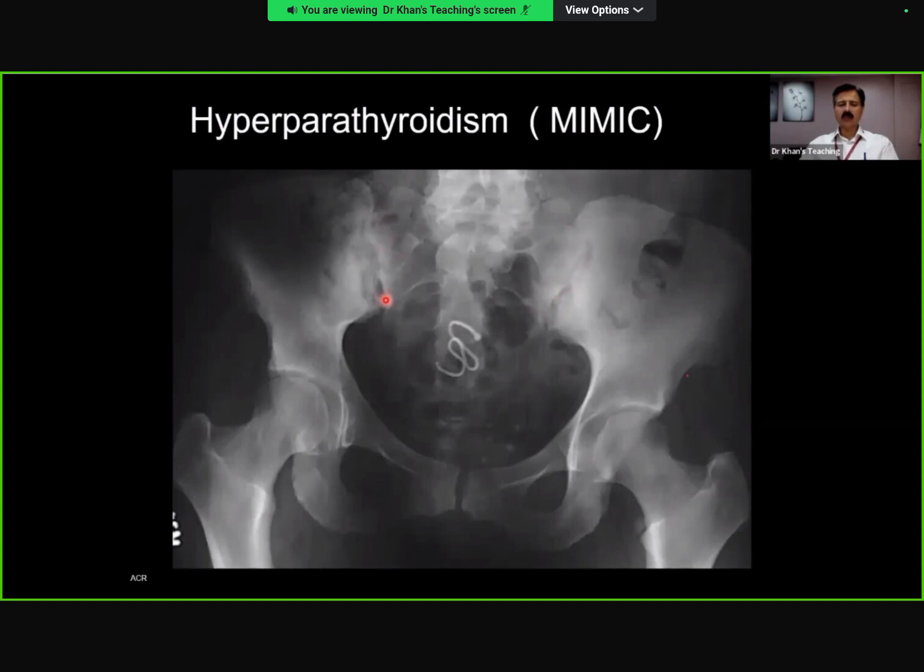There is resorption of bone and subarticular resorption of bone, which gives you this widened appearance of the joint and a bit of a fuzzy outline. Pathologically speaking, it's not sacroiliitis, but radiologically it is.